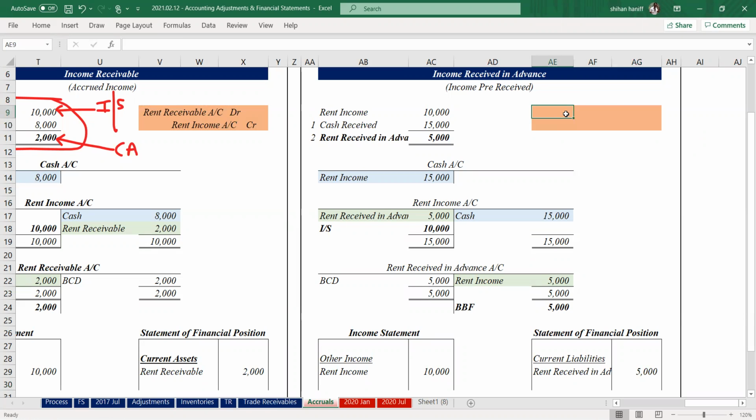So rent received, income received in advance, the double entry goes to income account debit.